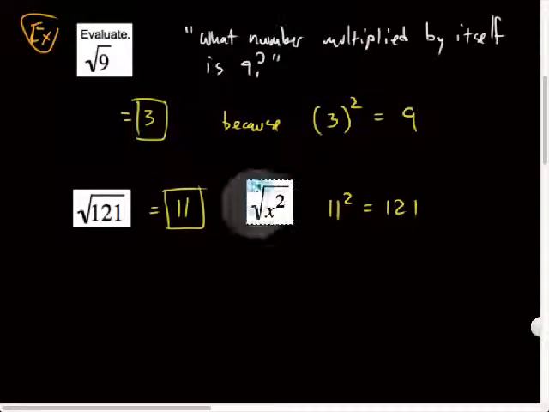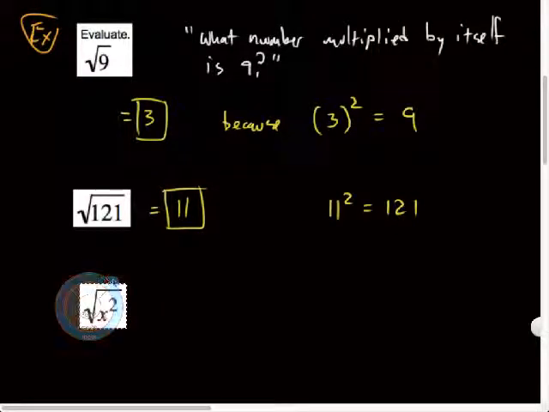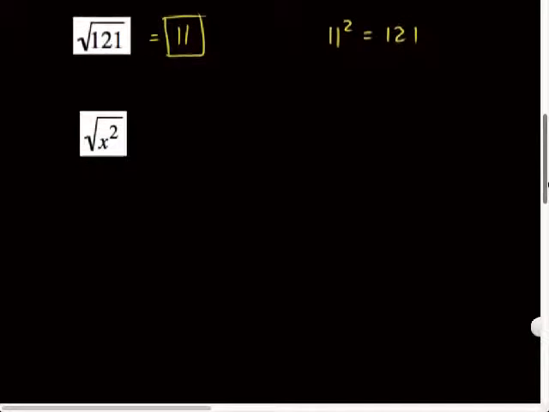All right, let's pick it up a notch. Friends, put the food away and let's follow along here. What about the square root of x squared? That's asking us the question, what squared is equal to x squared? What would go in the parentheses?